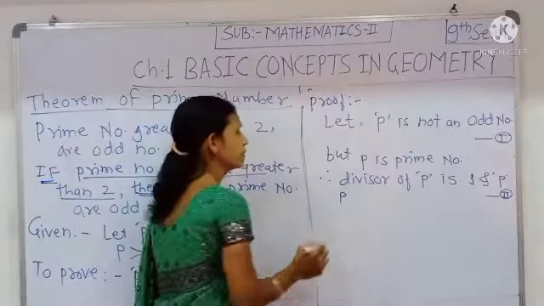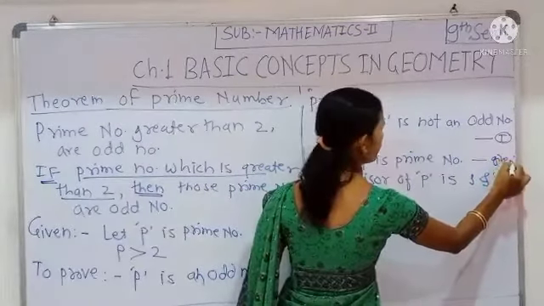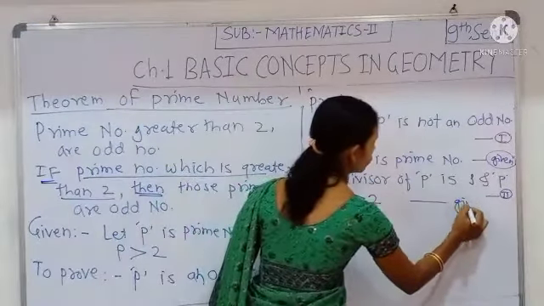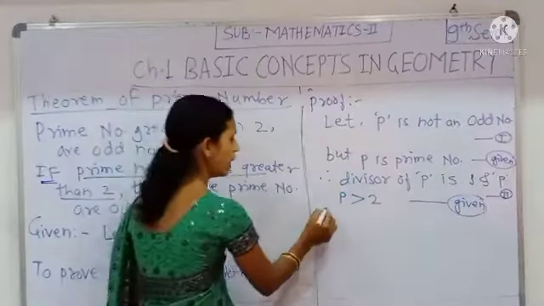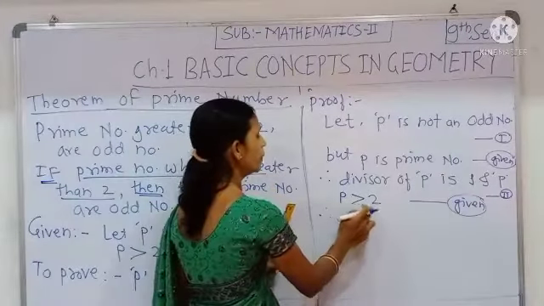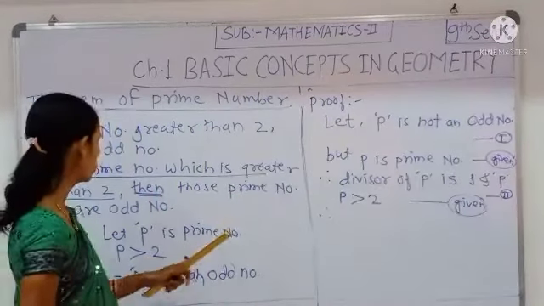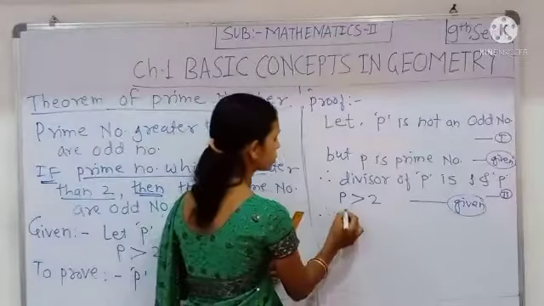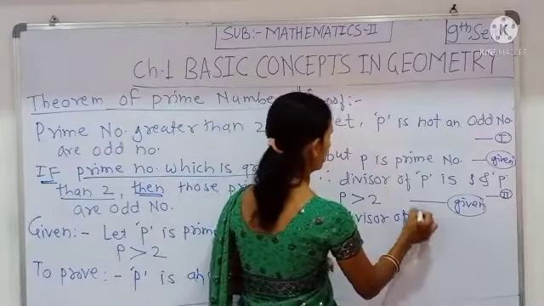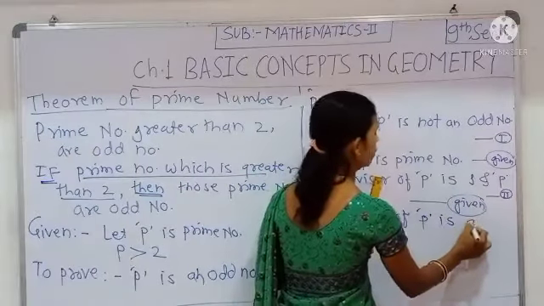And here P is a prime number which is given, and P is also greater than 2, that is also given, and therefore as P is greater than 2, see here, therefore here we have to write the divisor of P, that is here, a divisor of P is 2.